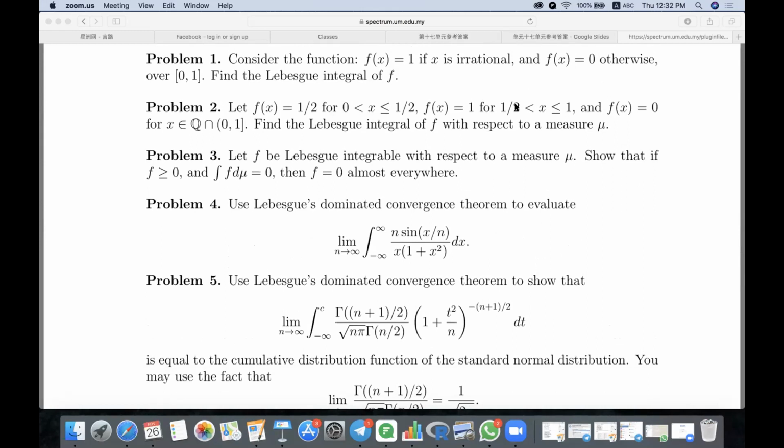Farah, question 3. Nur Amir, question 2.